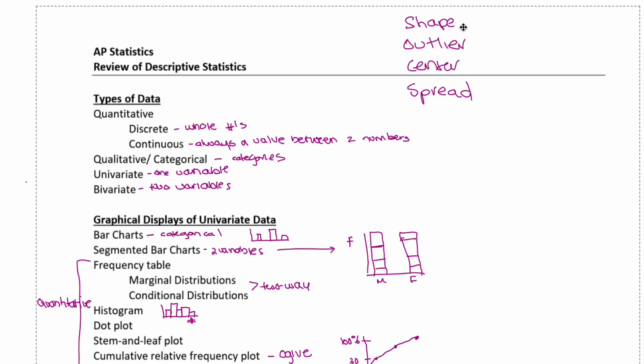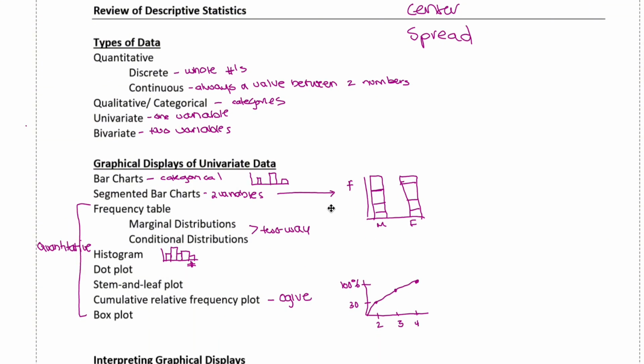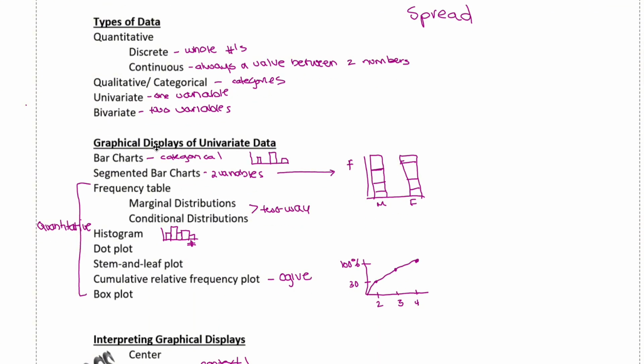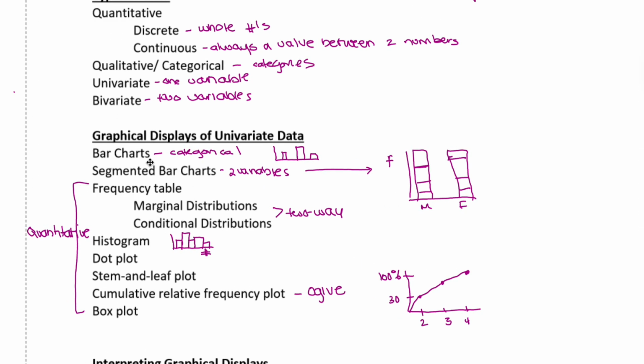So how are you going to describe data? Every time you do that, you're going to mention these four things: shape, outlier, center, and spread. So SOCS. And graphical displays of univariate data are the following. First of all, we can use bar charts, which are basically used for categorical data.